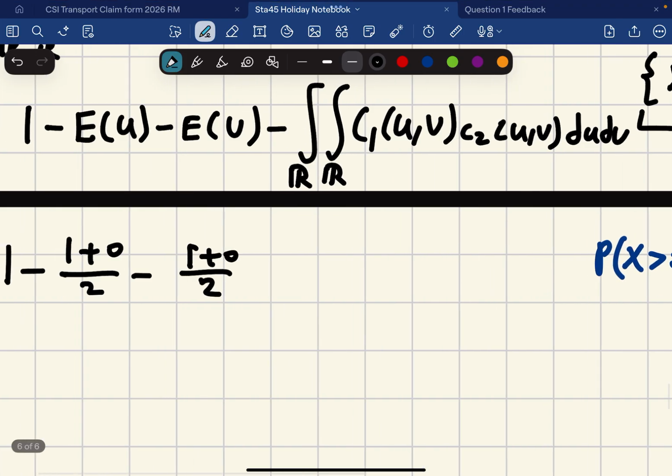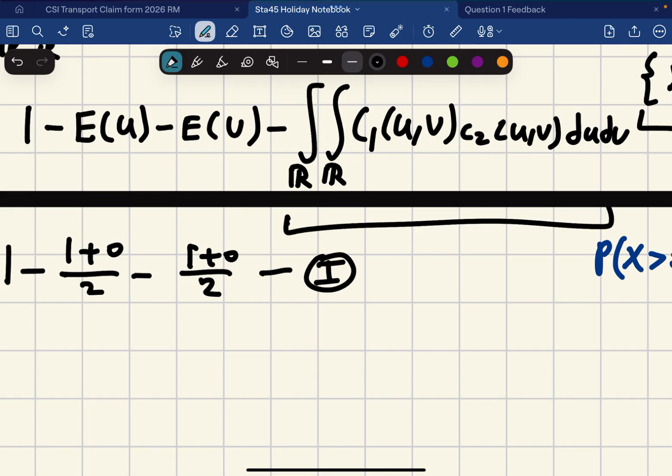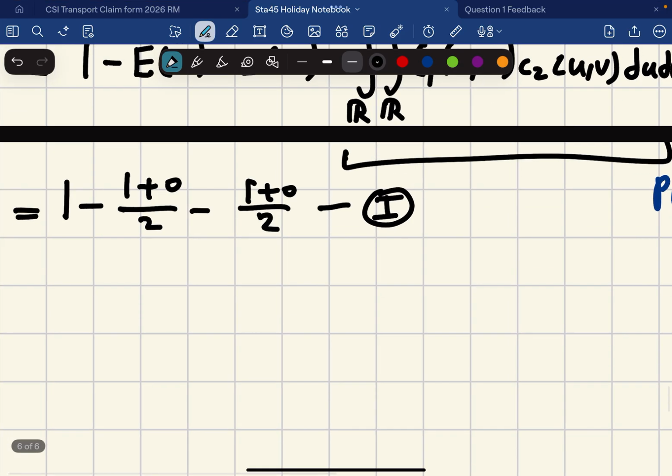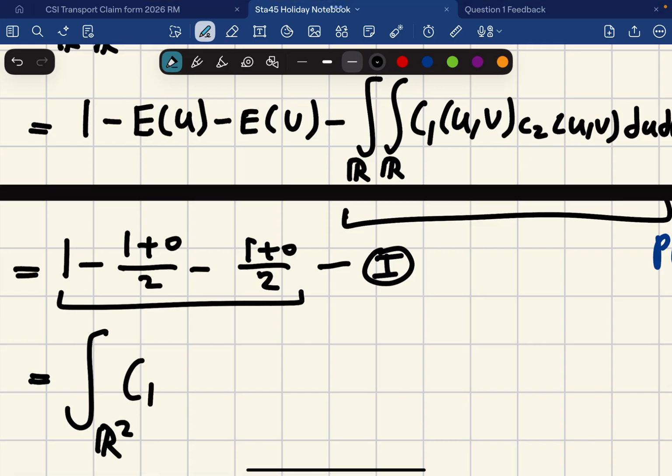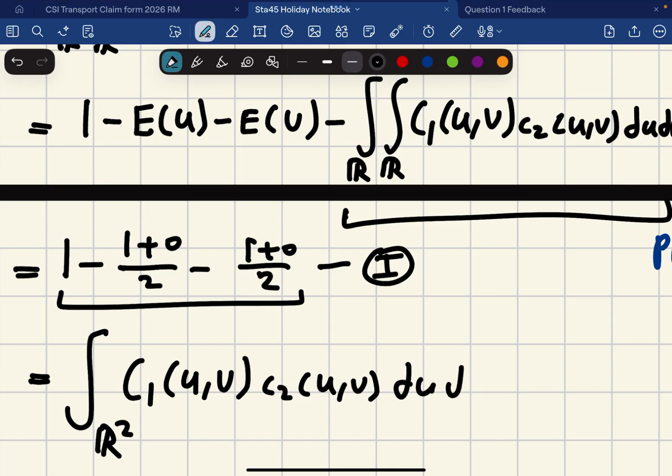And we're going to call this integral, I don't know, let's call it I for now. And as you can see, we have cancellation. And that's just going to give us 0, so we're just left with I, right? Which is, from now, I'm just going to use this notation. It means the same thing. C1(U,V), C2(U,V), du dv.